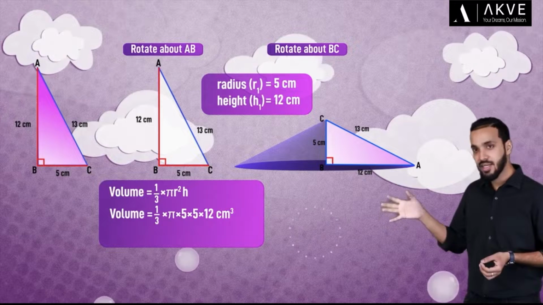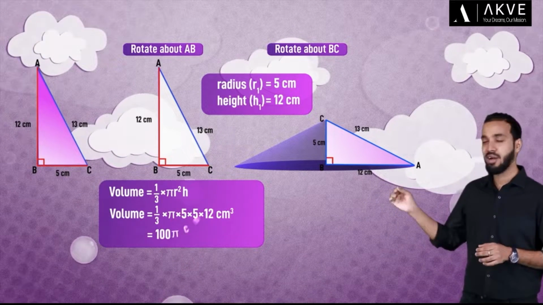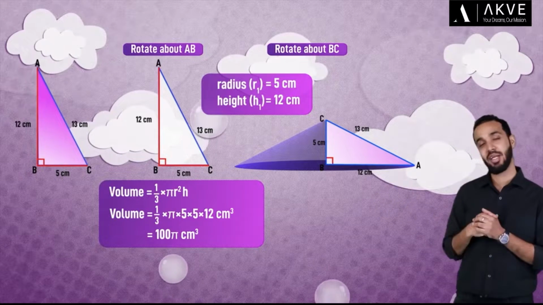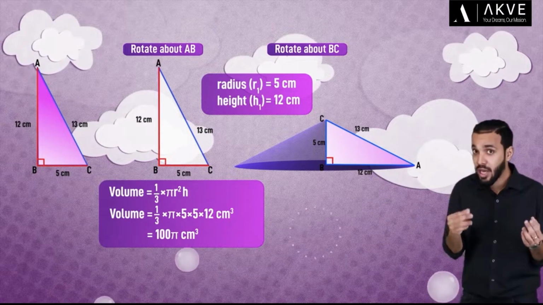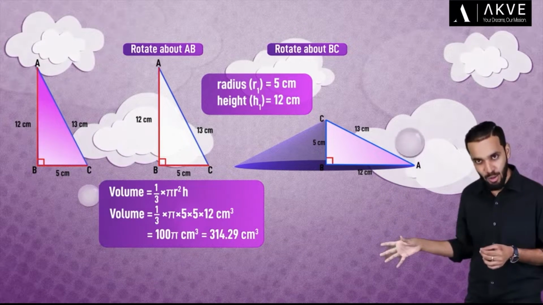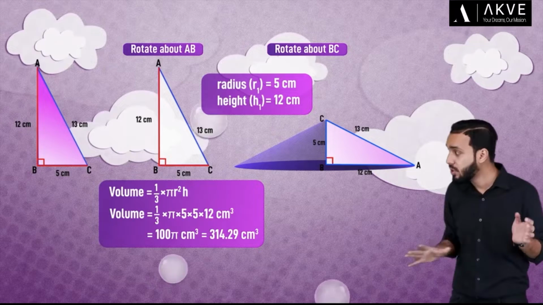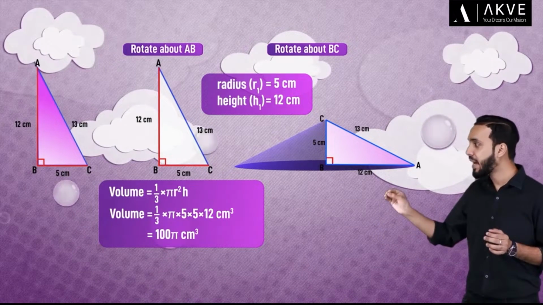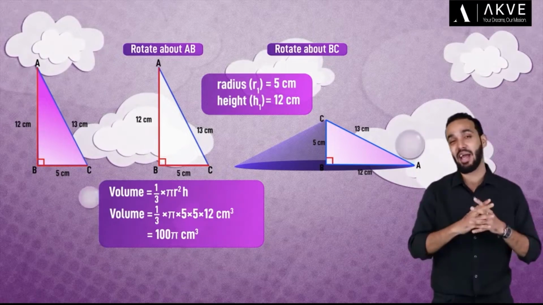The common factors obviously get divided and we arrive at 100 pi cubic centimeters. Now, we may further simplify this to get 314.29 cubic centimeters. But I am choosing to let it stay 100 pi cubic centimeters. Give me a few minutes and you will know why.